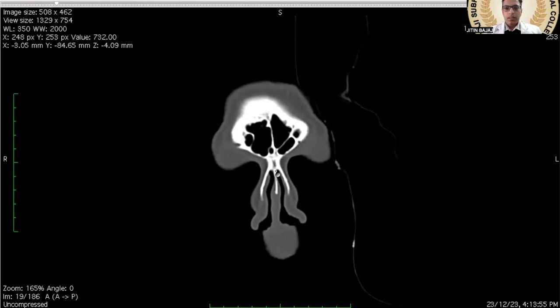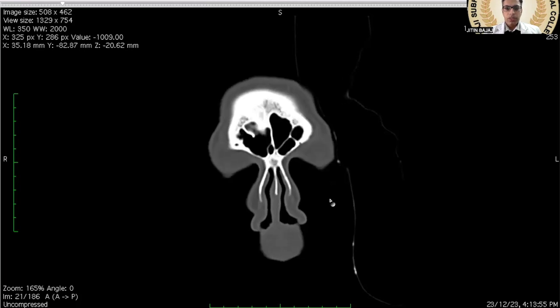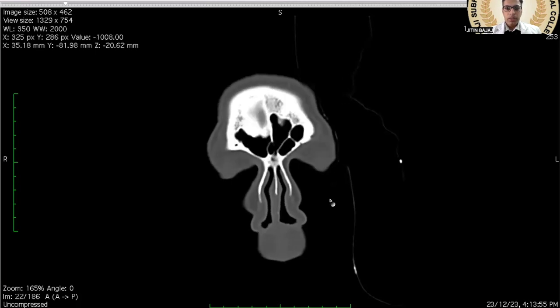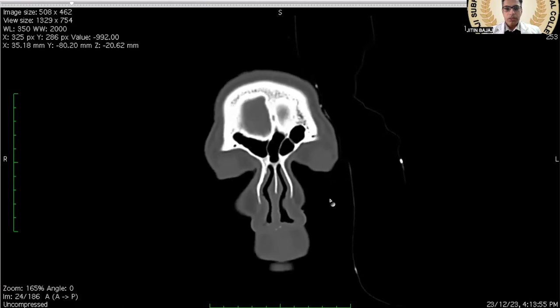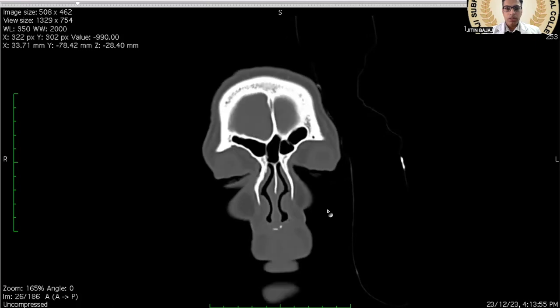The beak is the posterior part of the nasal bone, which forms the floor of the frontal sinus. Now you see multiple interfrontal sinus septas, and the nasal processes are becoming long.